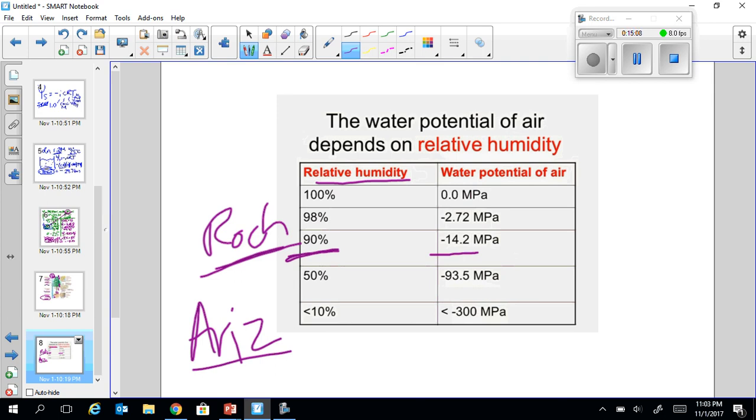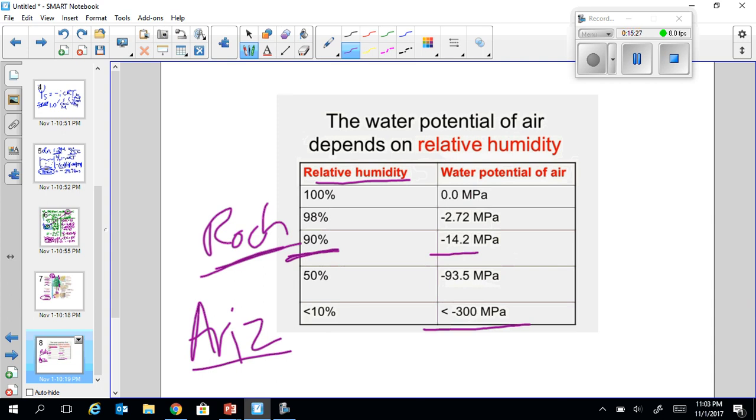You're outside and you're exercising like crazy. You can be literally climbing mountains and you don't feel sweaty. And the reason why is this. The water potential of the air is so low that sweat evaporates immediately off of your skin.